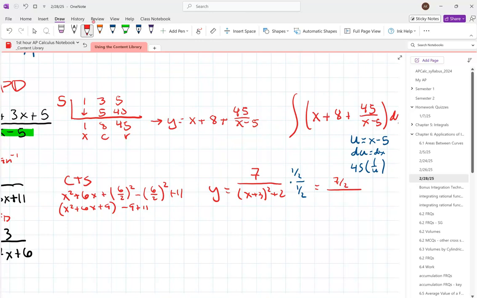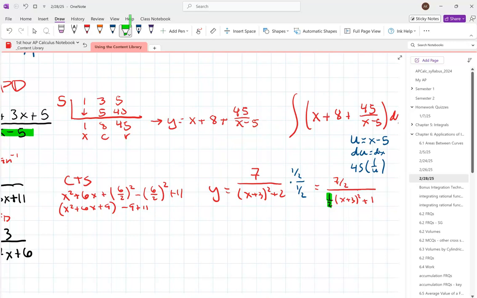So I'm going to write that as 7 over 2, and I have 1/2 times x plus 3 squared plus 1 now. I have the plus 1, but what's the issue? I made a new problem for myself. That 1/2 is outside the squared. I need to push it inside the squared.